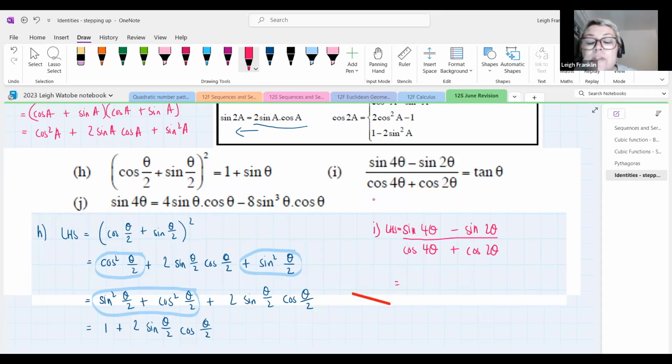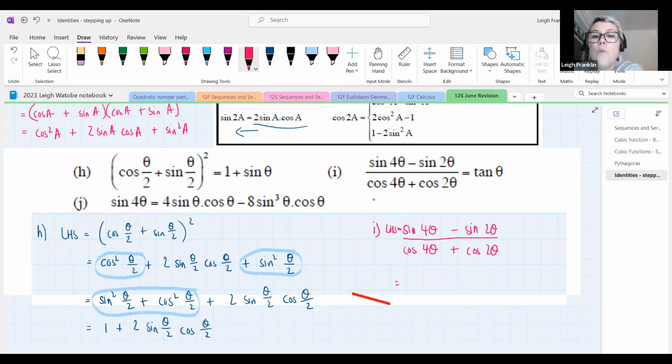So this is what we need to do with this question. We are working with sine 4 theta and cos 4 theta. We are treating 4 theta as the double angle.